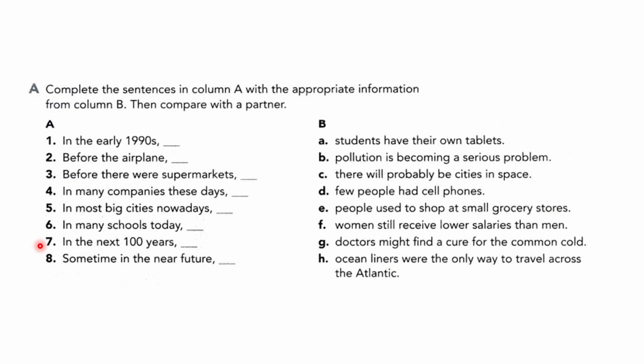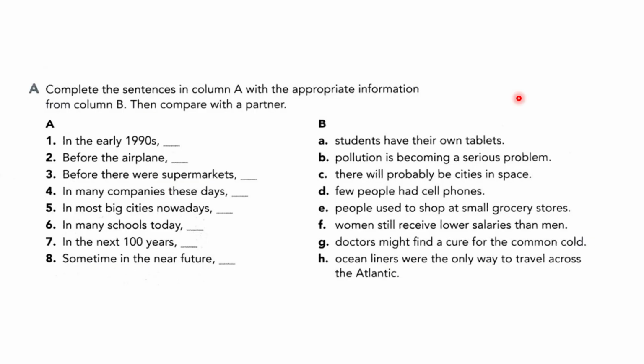Number seven. In the next 100 years, Sandra. Letter C. There will probably be cities in space. Yes, space. There will probably be cities in space. Okay.